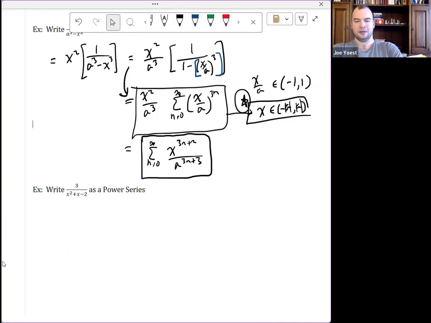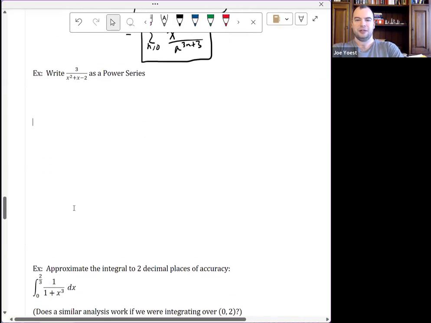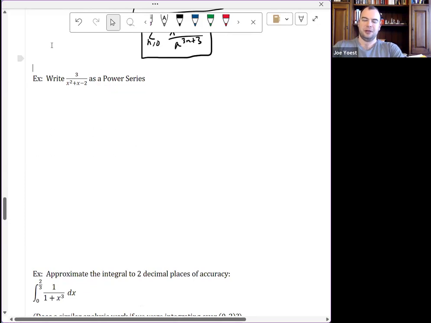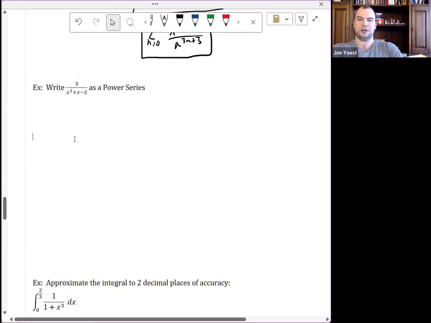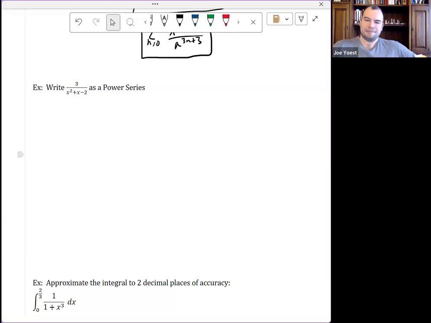Okay, let's take a look at this next example, writing 3 over x squared plus x minus 2 as a power series. So here I've got a quadratic in the denominator. One thing I might notice is that I can factor the quadratic, and I can actually apply partial fractions.